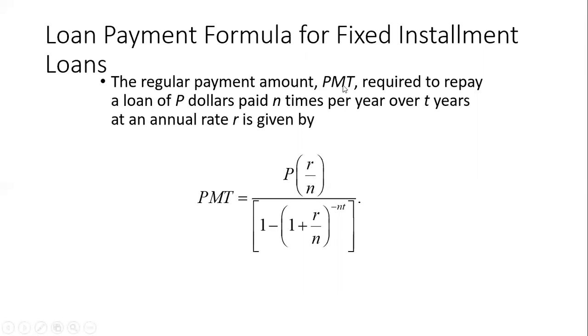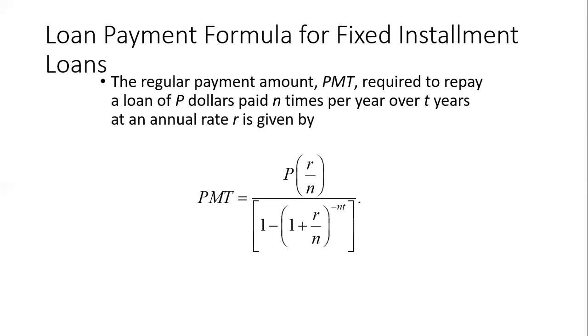PMT here stands for the payment amount. P is the loan, R is the rate, N is the number of times per year that the interest is taken, and T is the number of years.